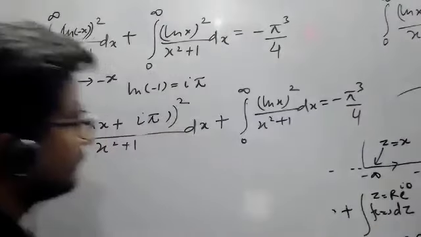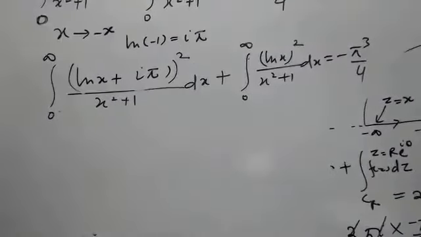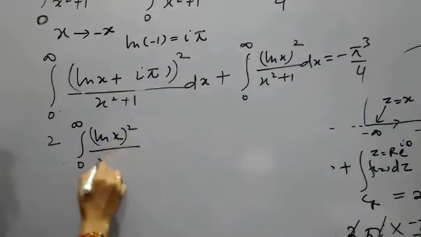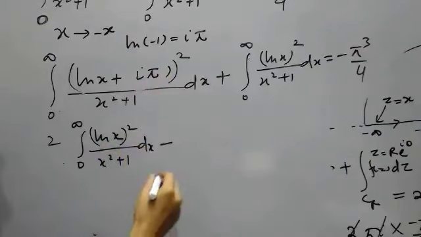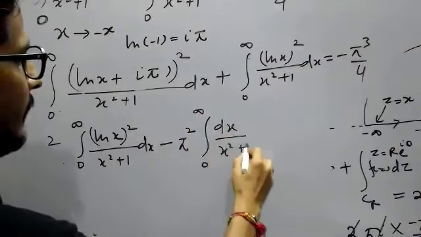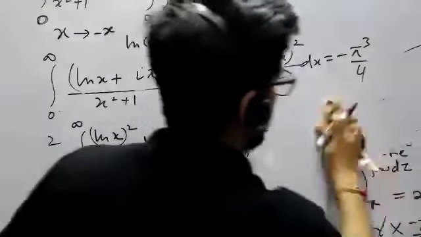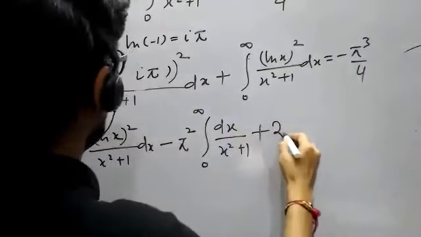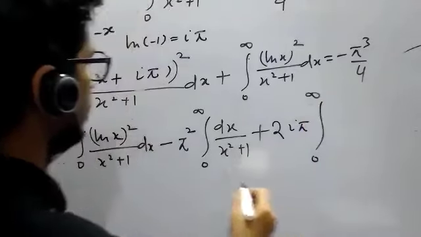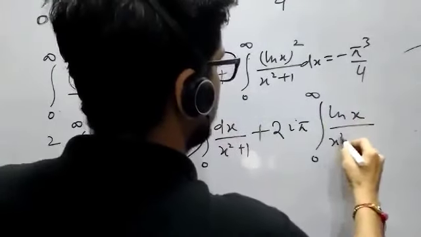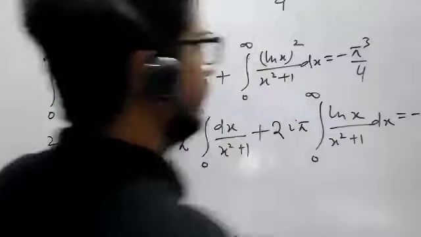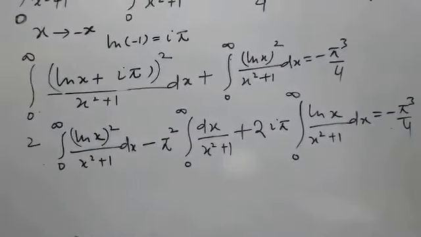So I can write a square will become 2 times 0 to infinity log of x square upon x square plus 1 dx. b square will become minus pi square integral 0 to infinity dx upon x square plus 1, and 2ab will become 2 times iota pi integral 0 to infinity log of x upon x square plus 1 dx, and this will be equal to minus pi cube by 4. Correct?